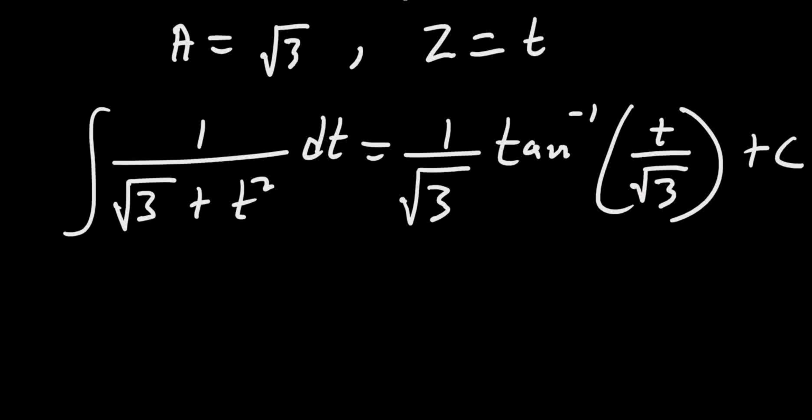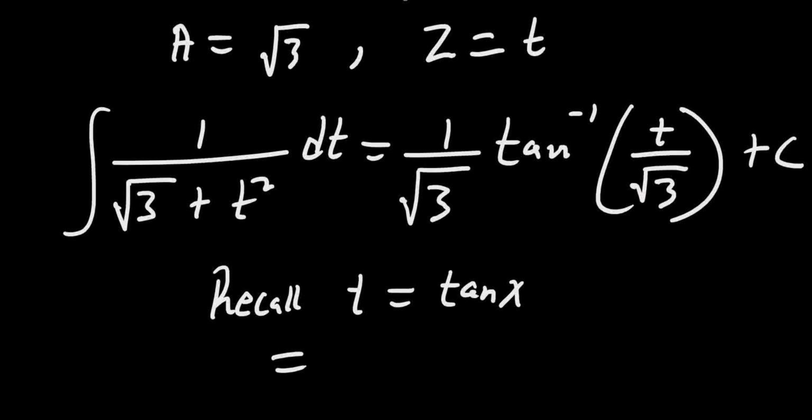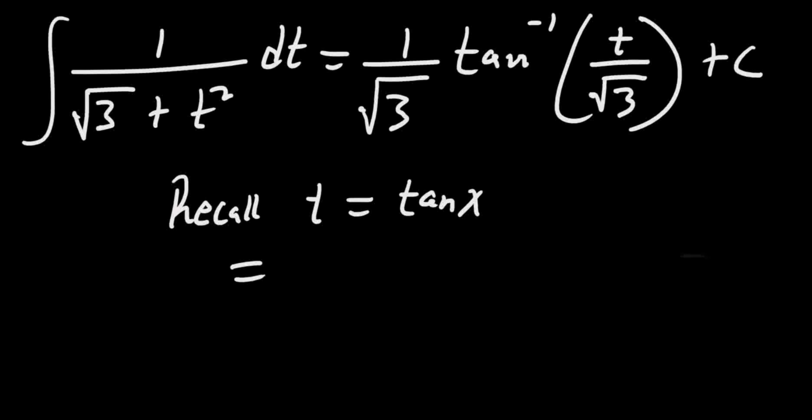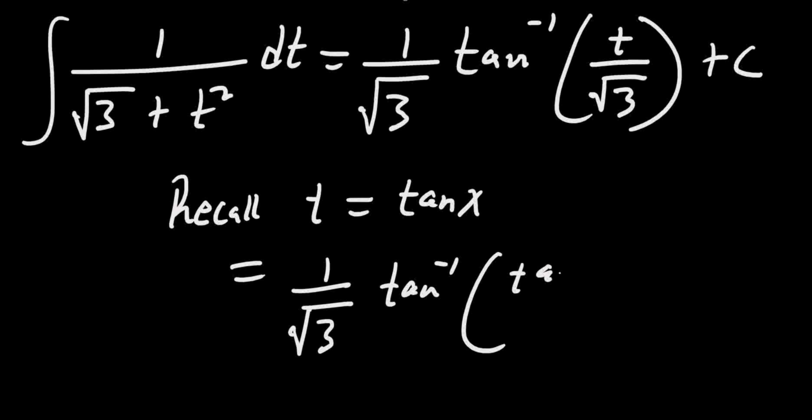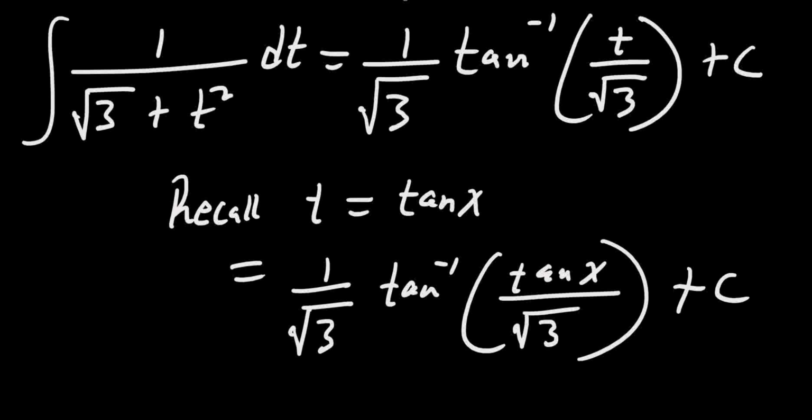Now recall that t is equal to tan x. Therefore, this will be equal to 1 over root 3, the reciprocal of tan, tan x over root 3, plus c.